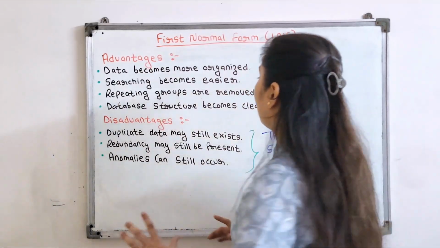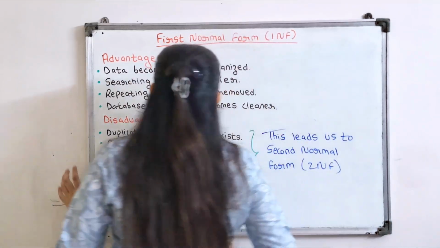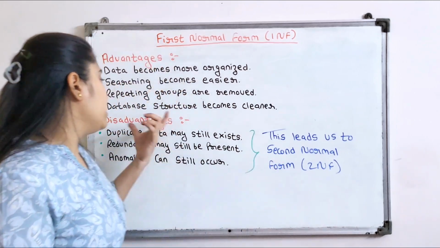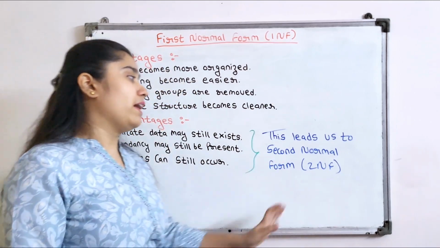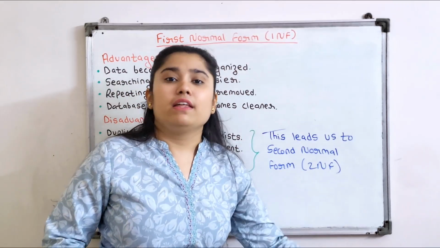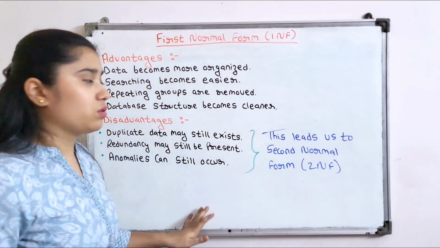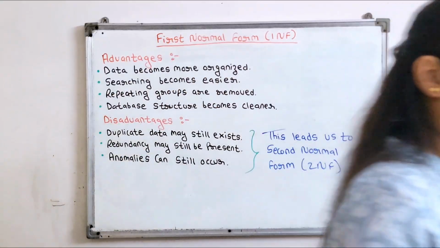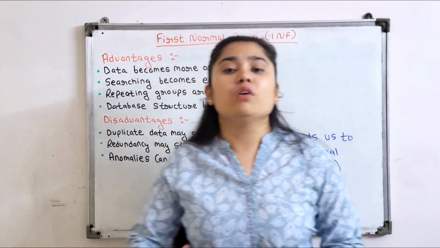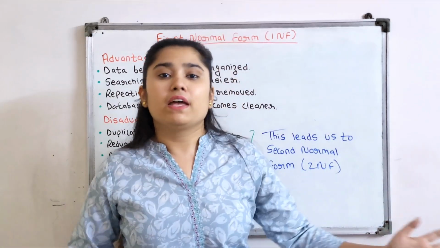These disadvantages will lead us to the second normal form. These disadvantages will be solved by the second normal form, 2NF. That part we will discuss in the next video. First take a screenshot of this also. I hope you are clear with the first normal form. Now the second normal form we will discuss in the next video.